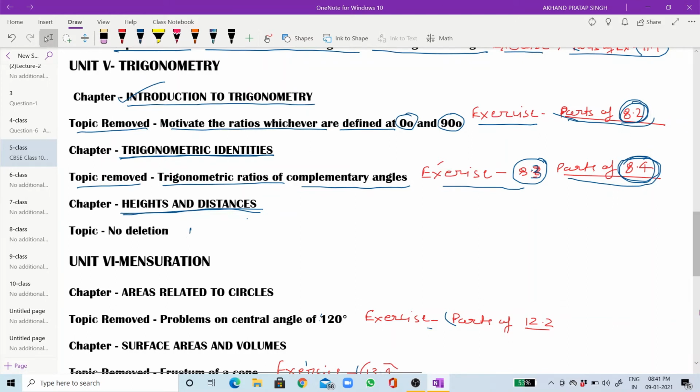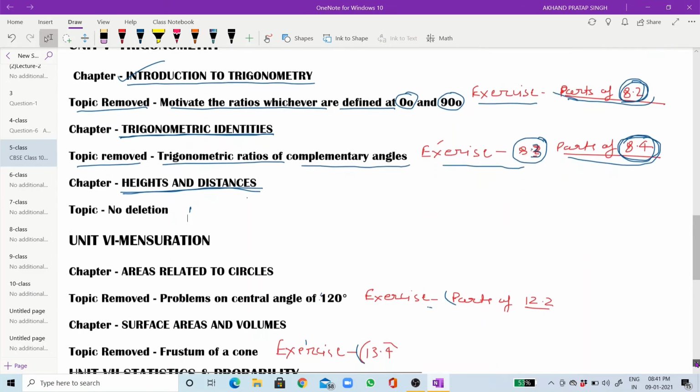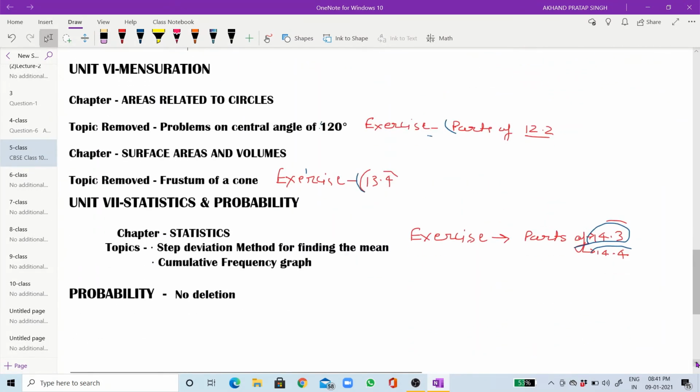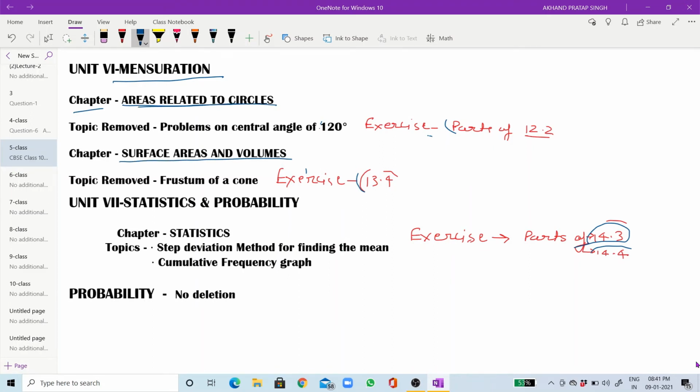Now the next one is mensuration. In mensuration, there are two chapters: areas related to circles, and surface areas and volumes. So in areas related to circles, the topic removed is problems on central angle of 120 degree.